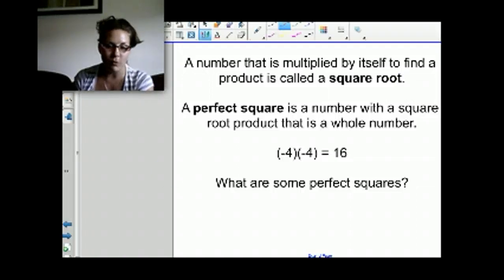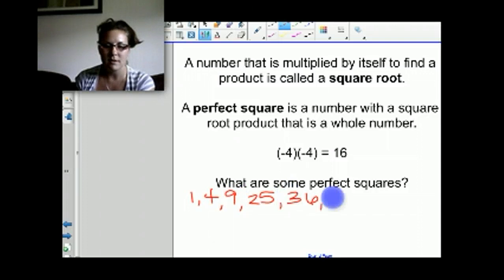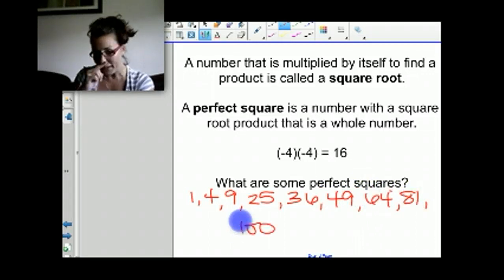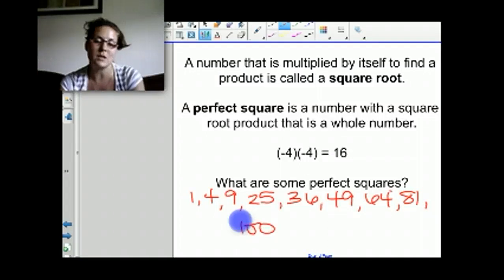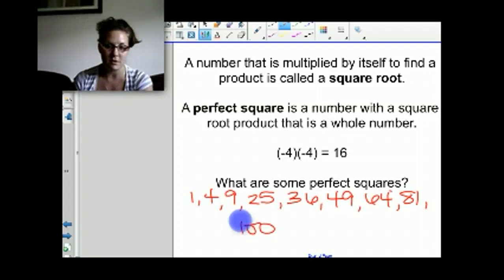The ones that will give you whole numbers are 1, 4, 9, 16, 25, 36, 49, 64, 81, and 100. There are many more, but between 0 and 100, these are the first 10 perfect squares.